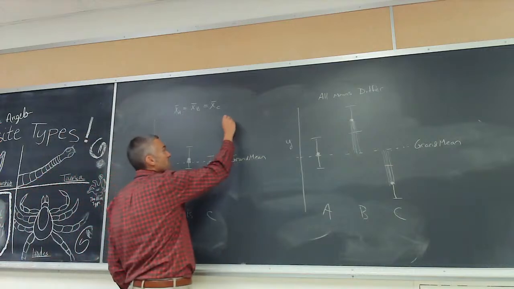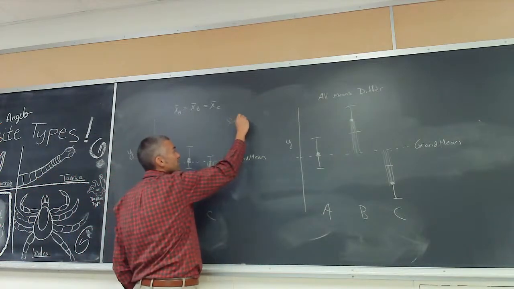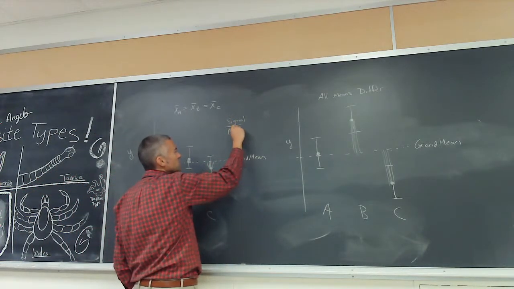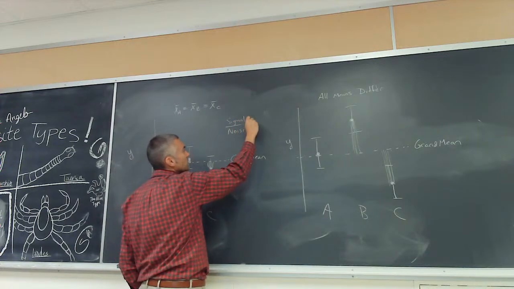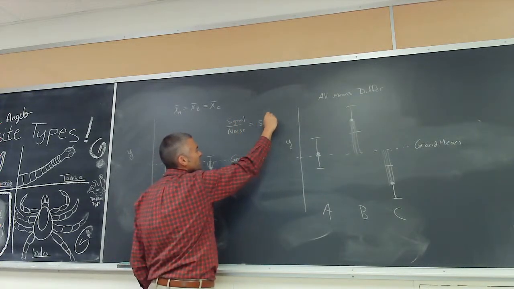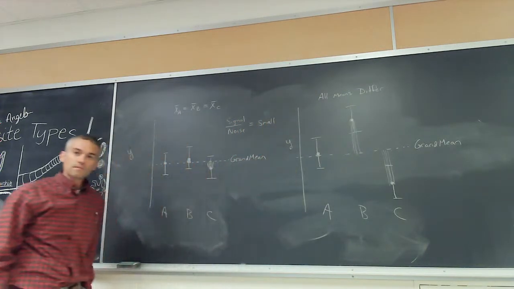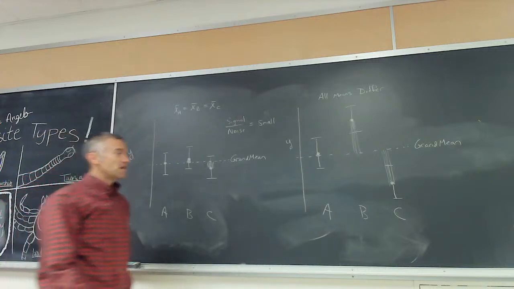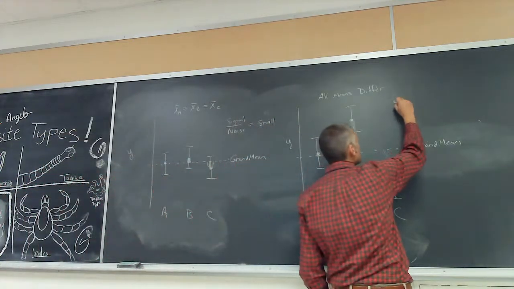So here, if we've got a signal relative to a noise, we're going to get something that is very small. Whereas here, our signal is going to be pretty large.